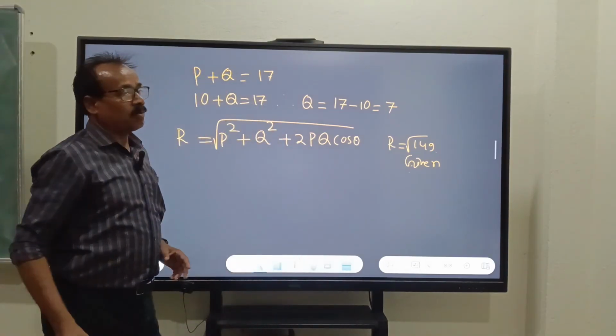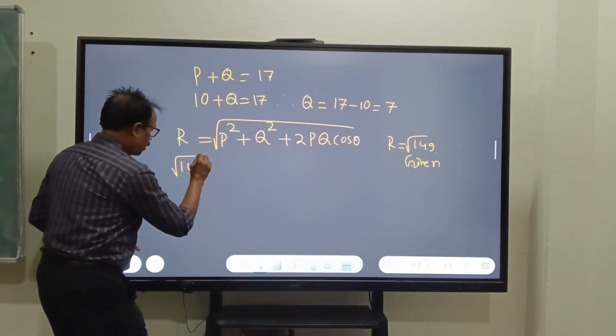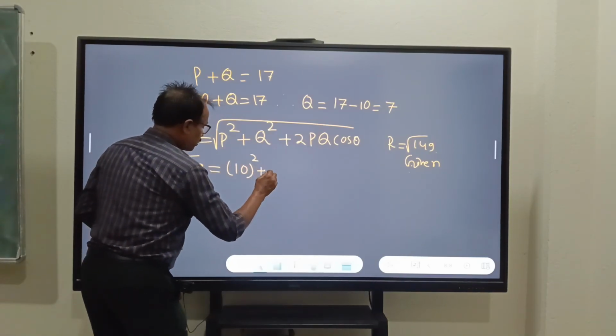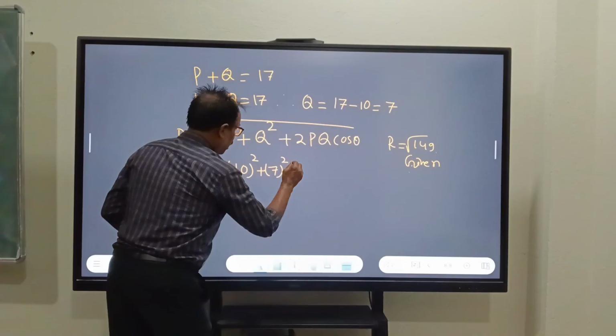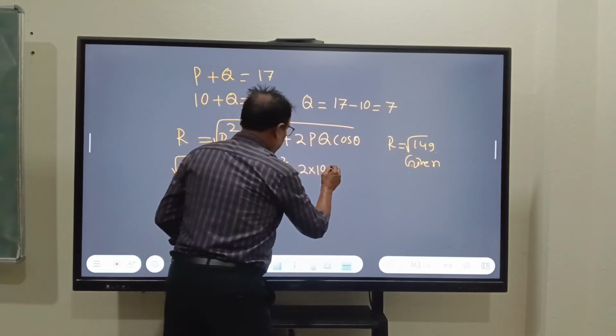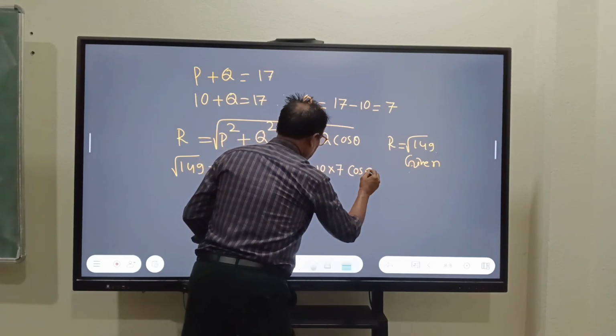Then, putting all the values, we have root over 149 is equal to root over of 10 square plus 7 square plus 2 into 10 into 7 cos theta.